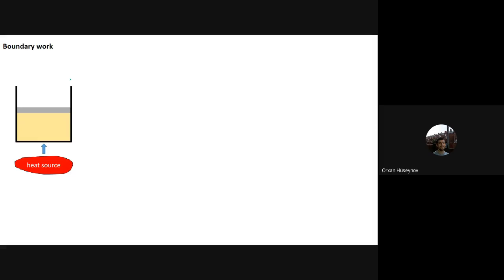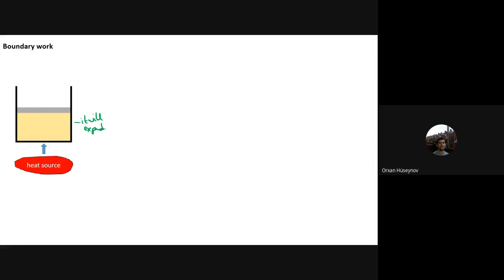So for boundary work, this is our piston, and there is a heat source. If you add heat, the piston will move upwards, because you are adding heat, the volume will change, so it will expand.